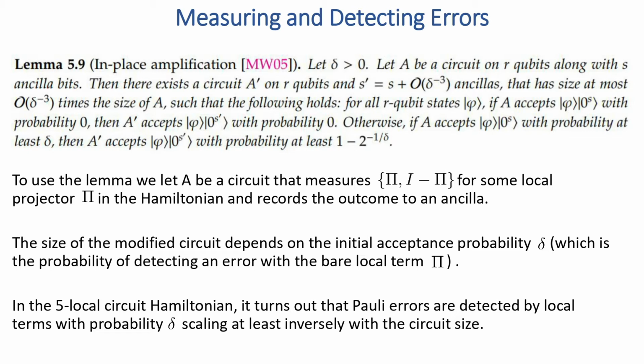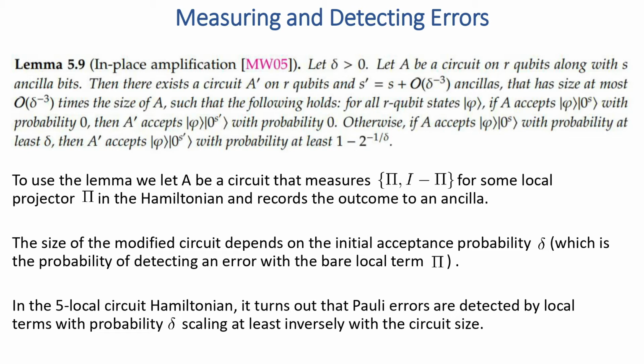Okay. So what we do then is we let this amplification circuit, so basically, you're going to take the original system, you're going to append some ancilla, you're going to apply a circuit whose depth depends on the probability of failure that you ultimately want.